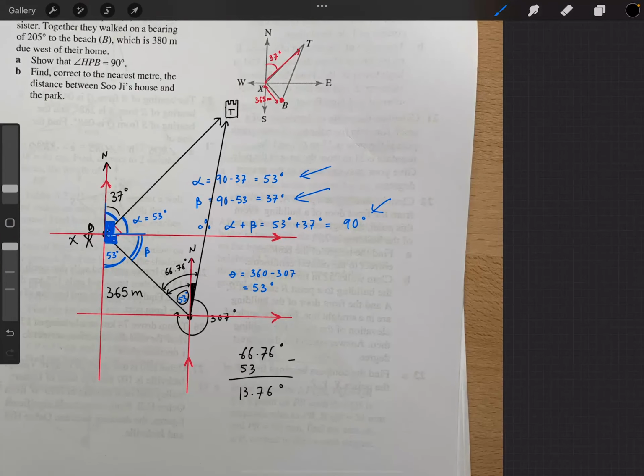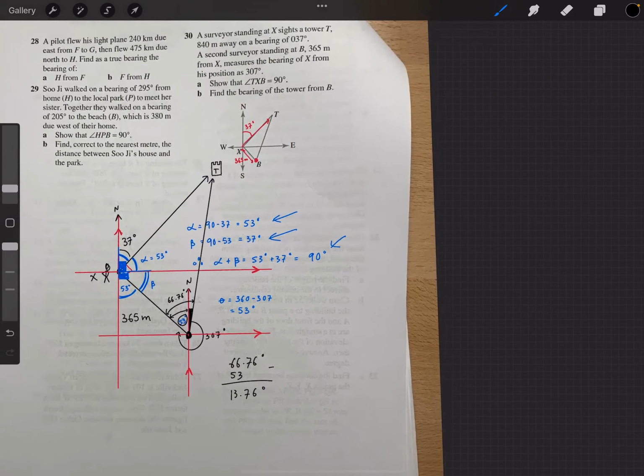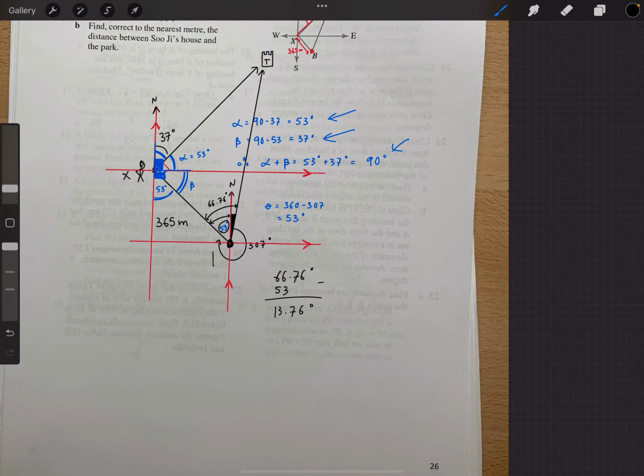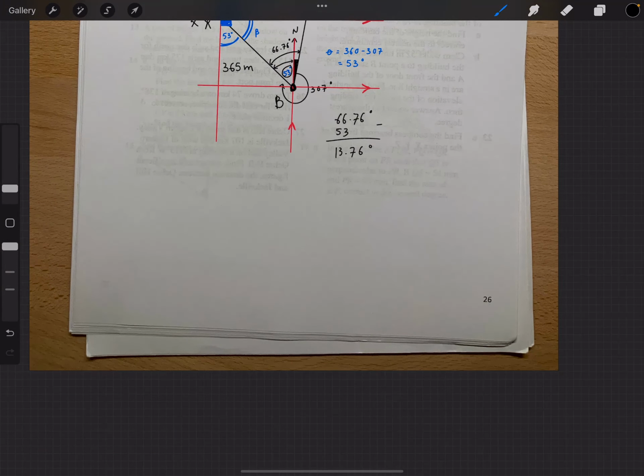So you're at point B, and you're looking at the tower. Let me redraw that if it looks confusing. You're at point B, and you're looking towards the tower T. This is the north line.